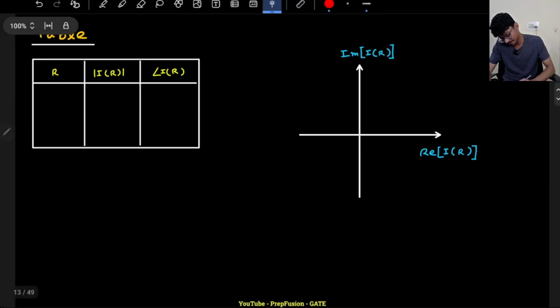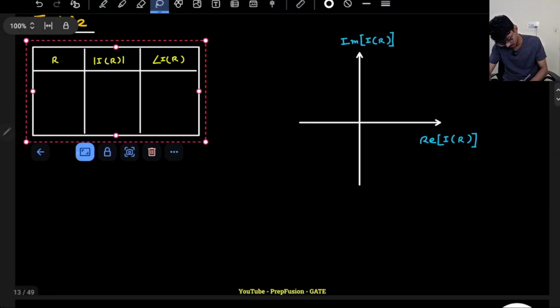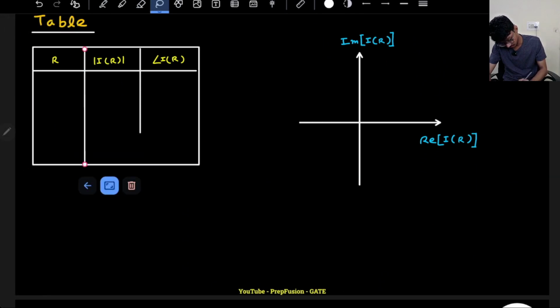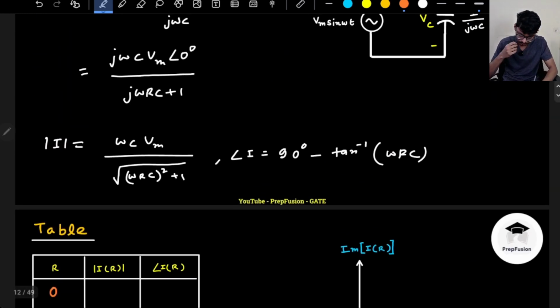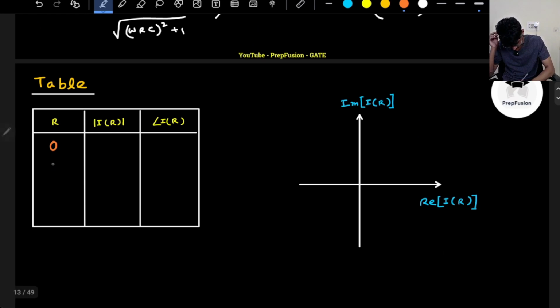So here I will vary my R, I have to increase the length a bit. Zero, and what should I vary? 1 by omega c and infinity.